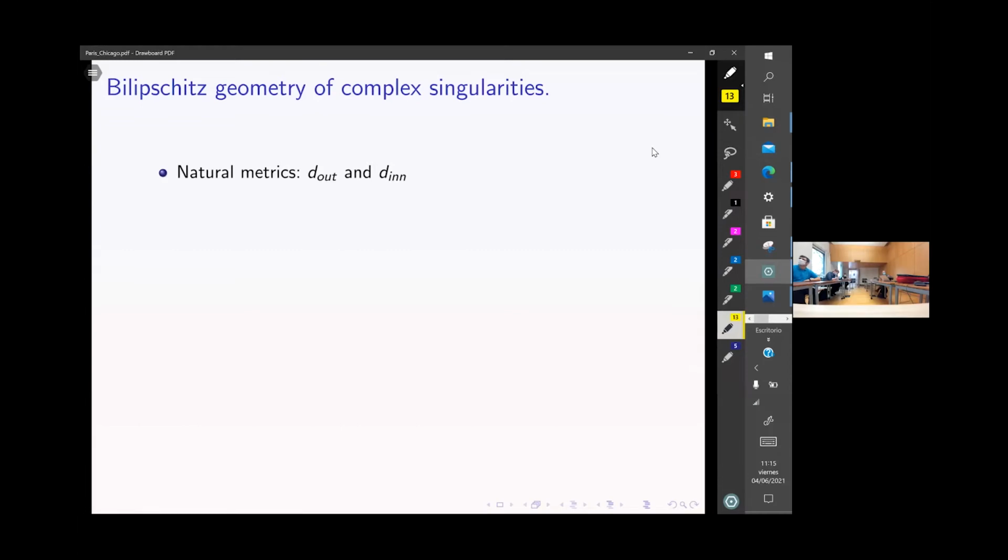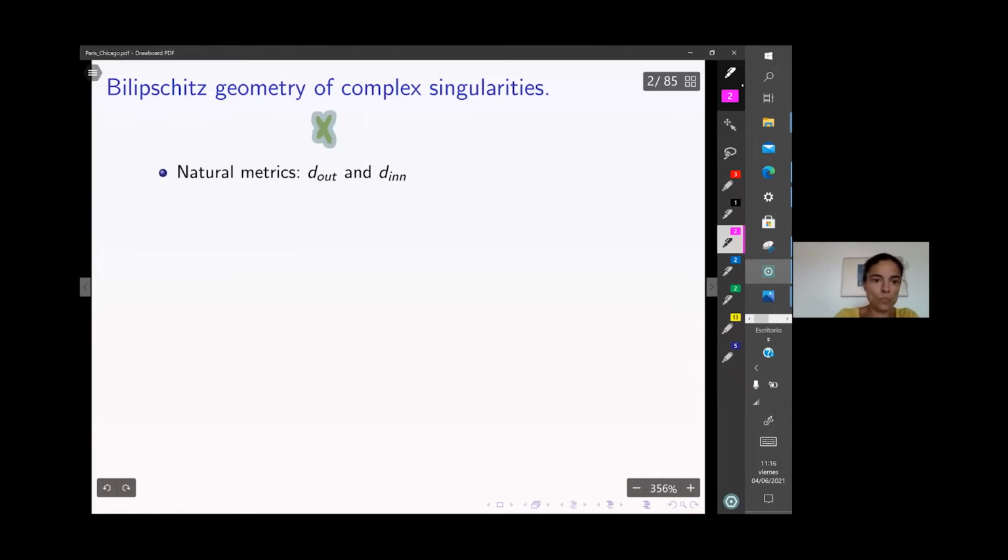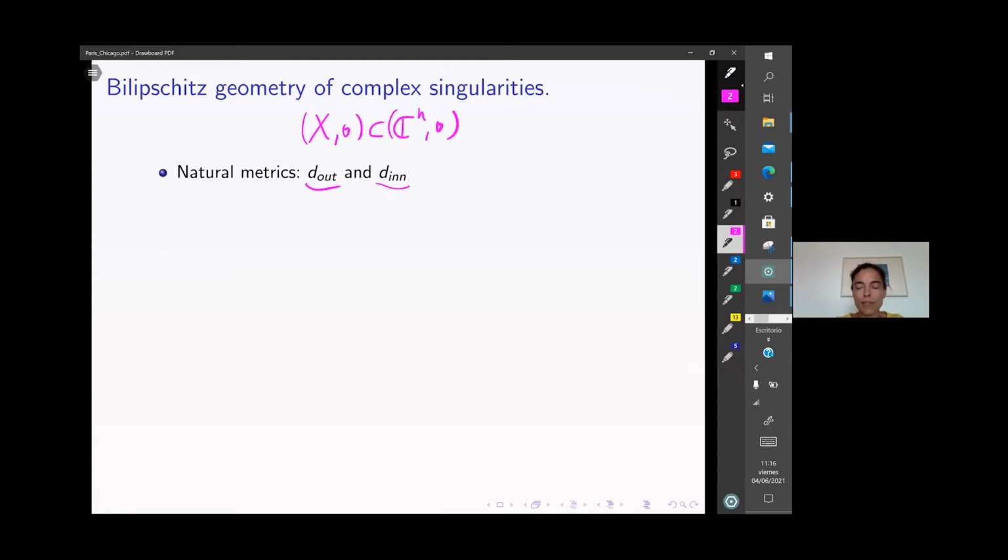The natural metrics we consider in a singularity are defining. So we consider germs of singularities that can be seated in Cn, and then the natural metrics are the outer metric that is given by the restriction of the Euclidean metric, and the inner metric that is the natural extension of the Riemannian metric given by the infimum of the lengths of the rectifiable paths joining two points.